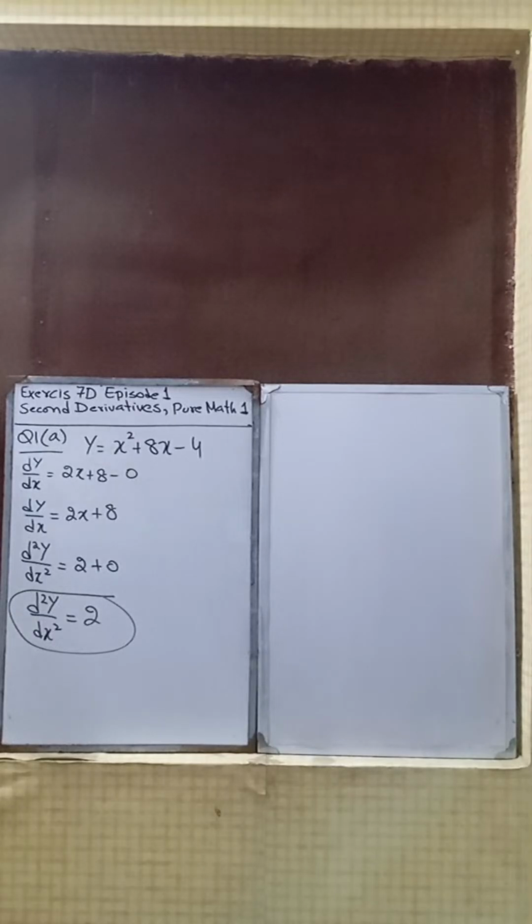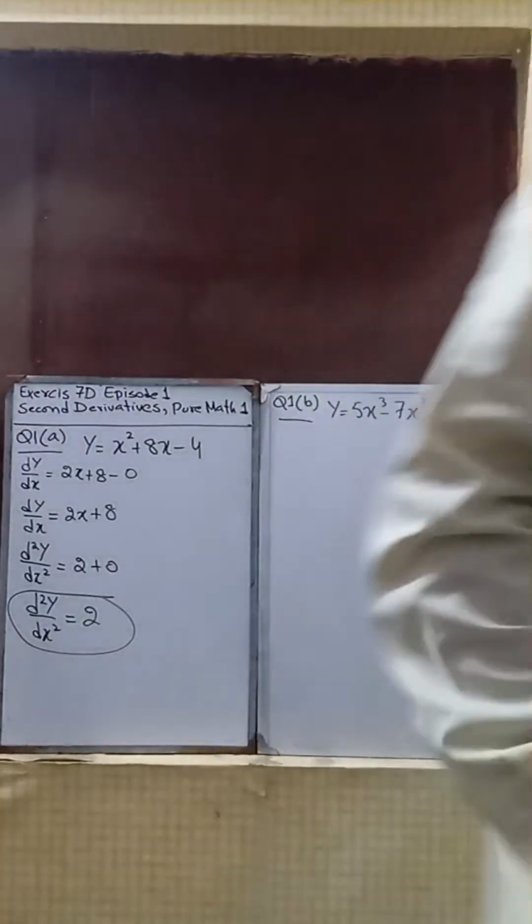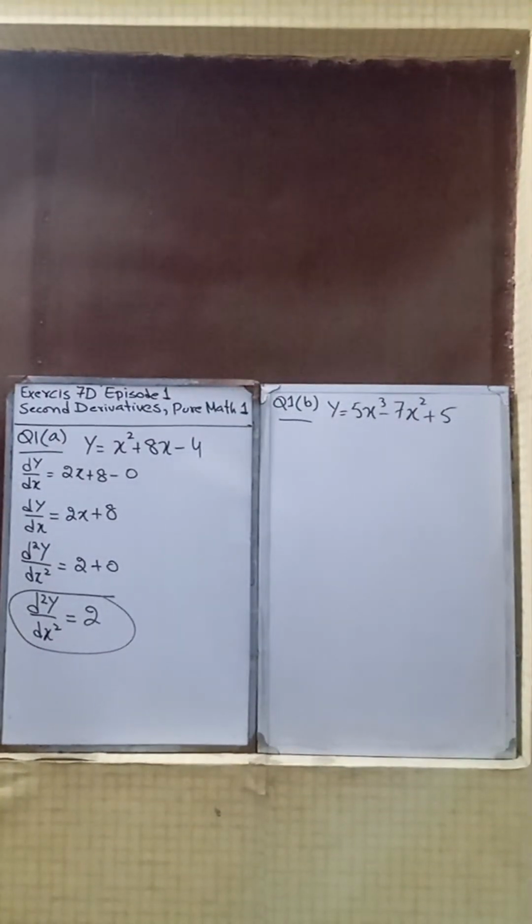Then we have question number 1 and its B part. Here the equation is given, y is equal to 5x raised to power 3 minus 7x square plus 5. Y is equal to 5x cube minus 7x square plus 5, and we have to find the second derivative.